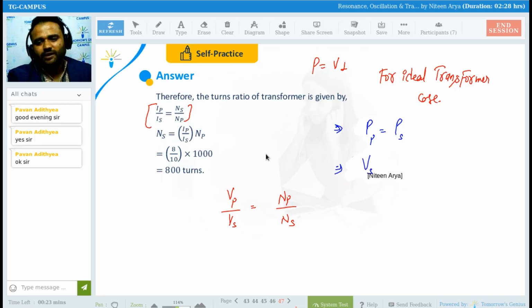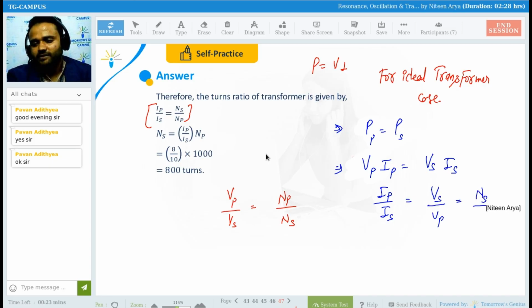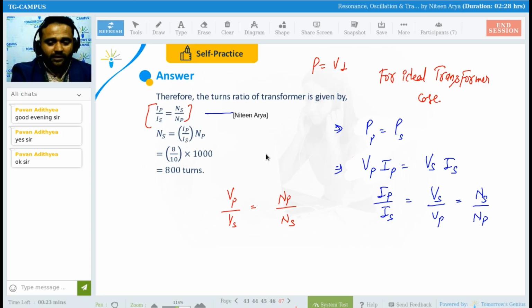Power is basically Vp into Ip equals Vs into Is, right? So Ip divided by Is equals Vs divided by Vp equals Ns divided by Np. So in this sense, I get this relation. Is this clear, everyone? See, I got confused also. So for the ideal case, that is the important formula you can use. Is this clear, everyone? Okay.